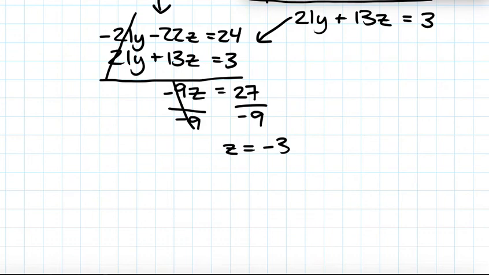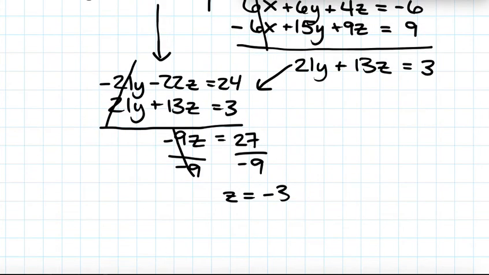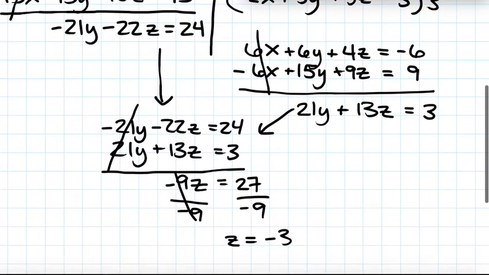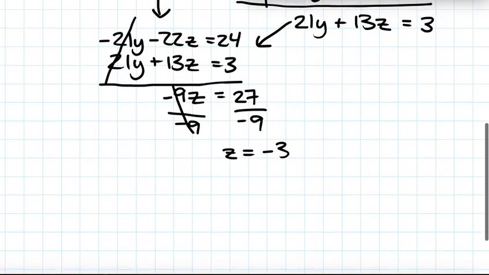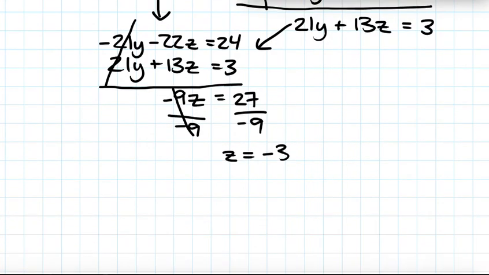Now I just need to substitute back in to get my values for x and y. So I'm going to substitute into either 21y plus 13z equals 3 or -21y minus 22z equals 24 to get y. I'm going to go with the one with the positive coefficients because I think that's a little bit easier, less likely to make a mistake with a sign if you're dealing with positive numbers.